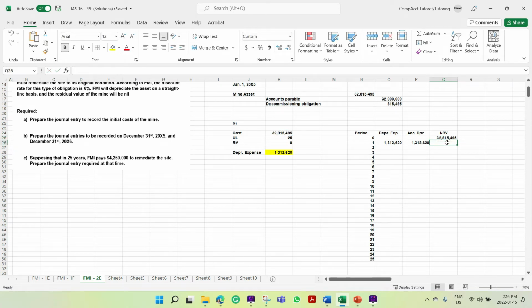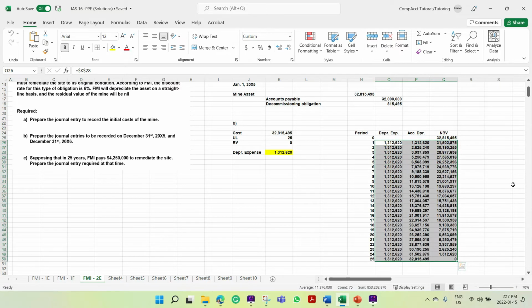And every year the net book value is gonna be decreased by the accumulated depreciation. So I'm gonna lock again the initial book value. Okay, I'm gonna lock that cell and then minus the accumulated depreciation. So now I got everything set up and I can drag everything down. It should take me to 0. Perfect. So this is key. I know my residual value is 0 at 25 years and my depreciation expense is consistent. Okay, so that's the one part of what I need to do.